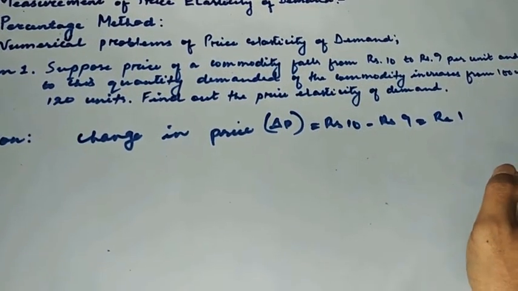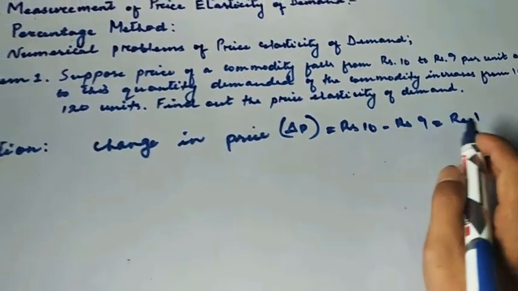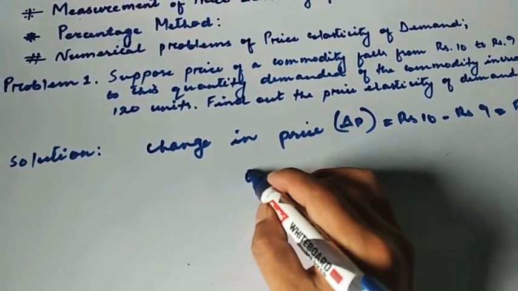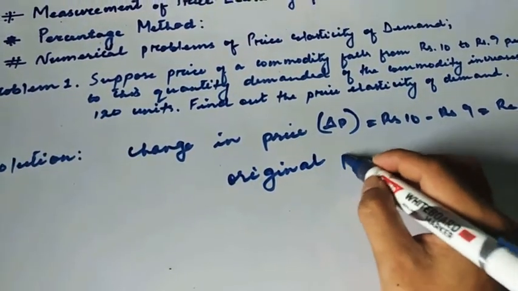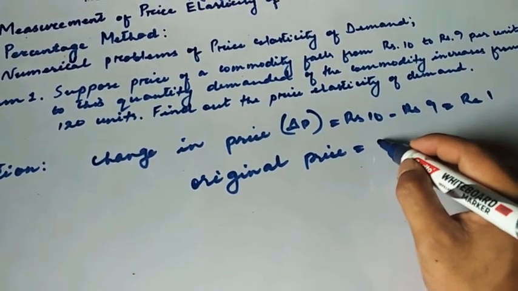So change in price is rupee 1 because it has fallen from rupees 10 to rupees 9. And what is the original price? The original price was rupees 10.